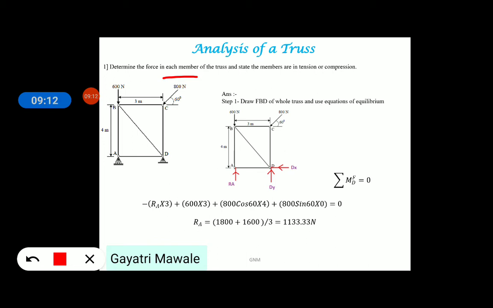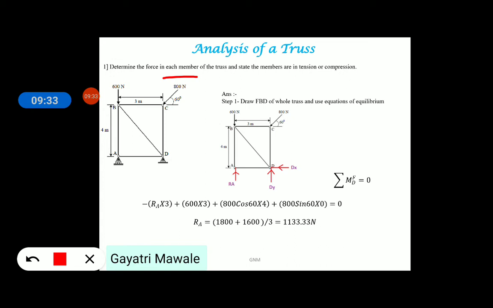Now 800 Newton force is an inclined force, so its horizontal component 800 cos 60 will make anti-clockwise movement about point D, and that's why for 800 cos 60 the moment is positive.